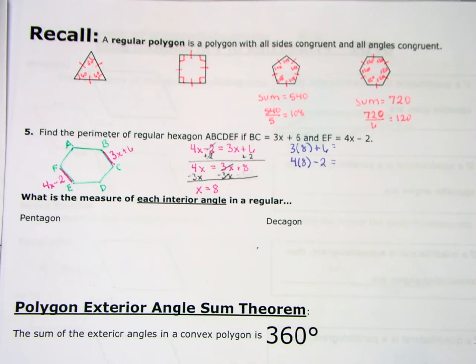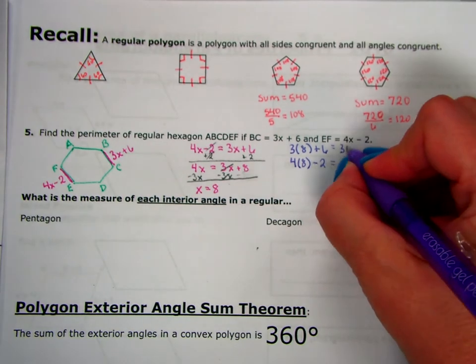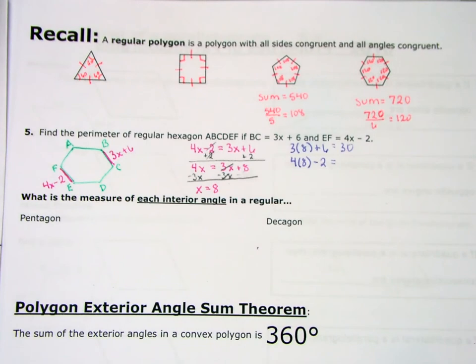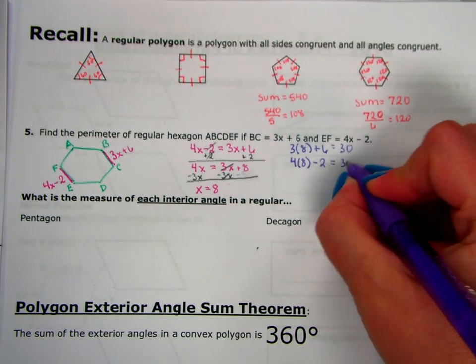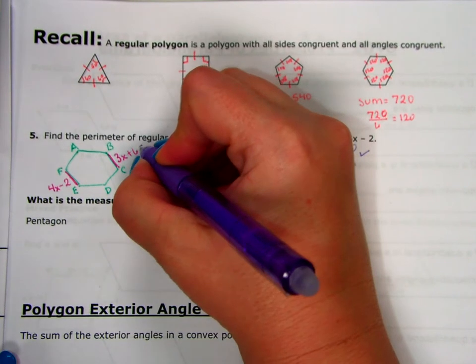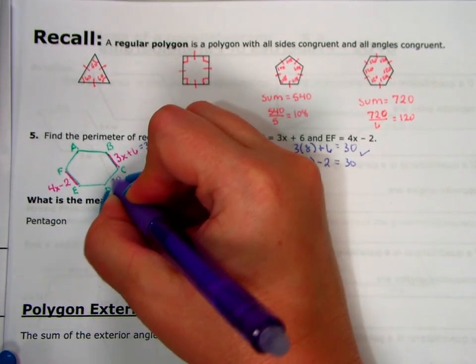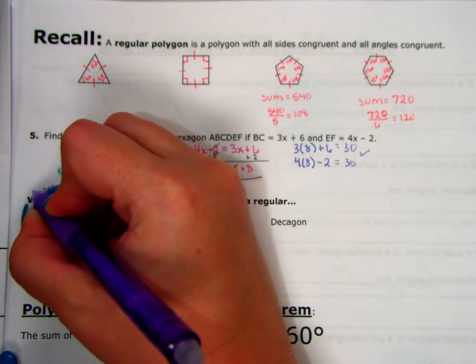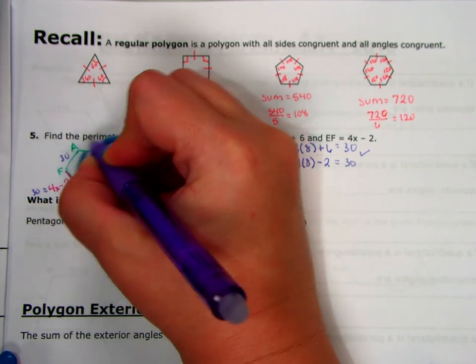What's 3 times 8? 24 plus 6? 30. What's 4 times 8? 32. Minus 2? Which makes sense because we said they were equal. If they weren't equal, we did something wrong, right? So each of my sides, this is 30. That means all my sides are 30.